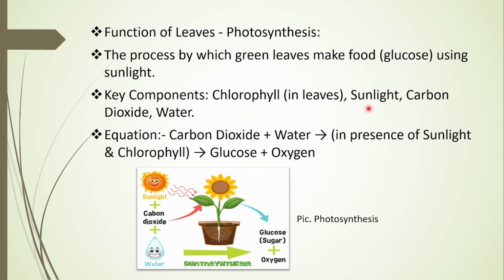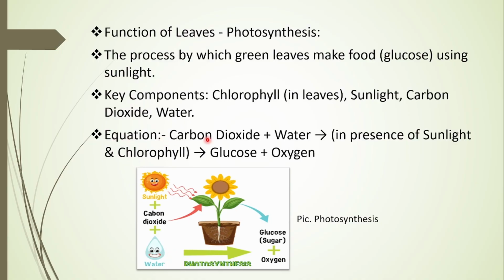Then the second requirement is sunlight. This sunlight gives the energy, and carbon dioxide from air, which is provided by animals. And the last one is water, which is present in the ground and absorbed by roots.